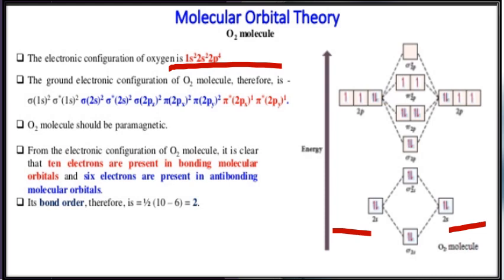Now comes the p diagram. In the p orbitals, each oxygen atom carries 4 electrons in total, right? Here 2p of one atom of oxygen and 2p of the second atom of oxygen.